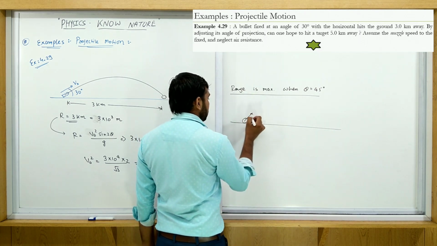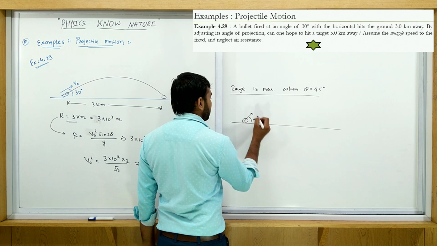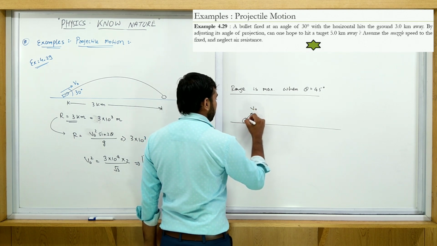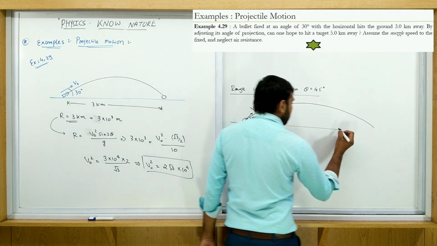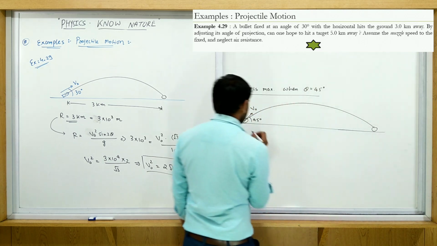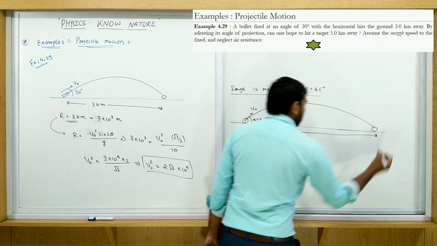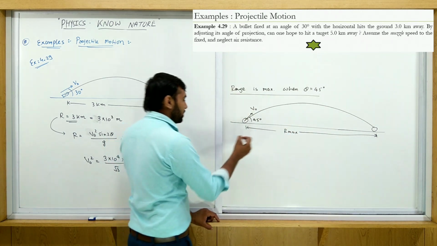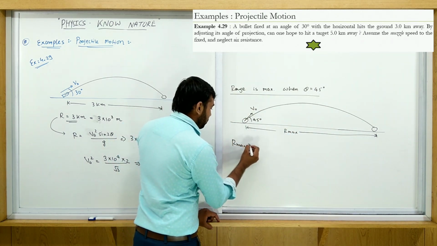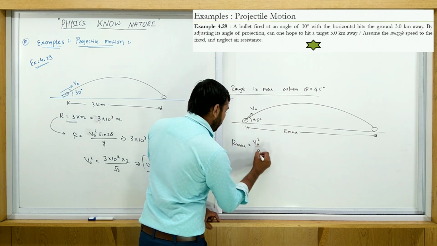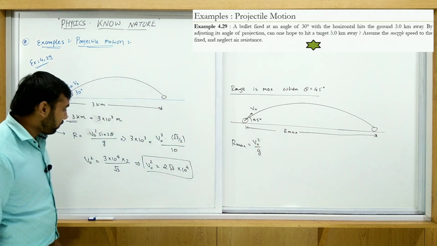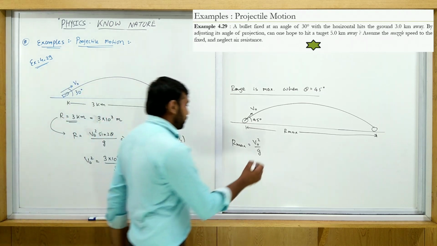You just throw this bullet at 45 degree with the V0, then your horizontal distance is maximum. R is what? Maximum. What is this R maximum? So R maximum is equal to V0 square upon G. Very well known equation. Put V0 square is equal to this one.